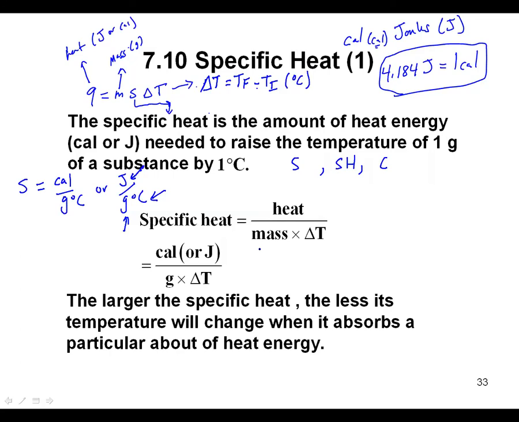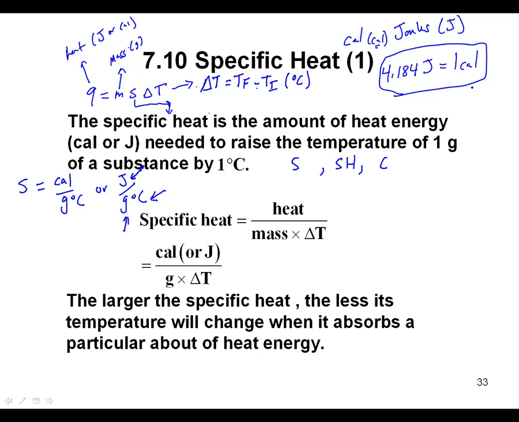It is different for different substances, depending on their state. You can even have the same substance, but if it's in the solid, liquid, or gas state, you will have different numbers. For liquid water, the specific heat capacity is 4.184 joules per gram per degree Celsius, or 1 calorie per gram per degree Celsius.